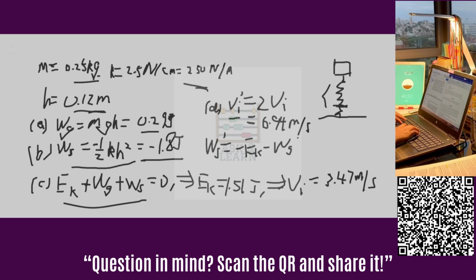And because we have a new compression at this time, Ws is primed, and this is also primed.